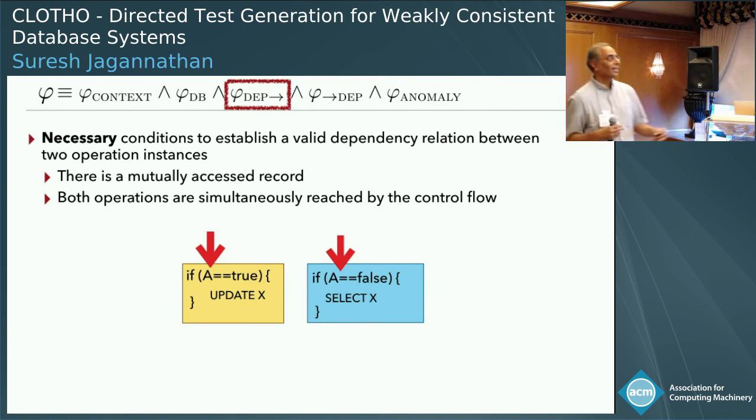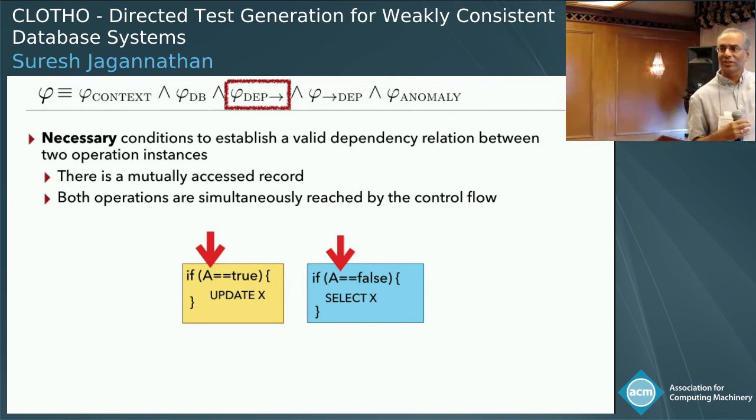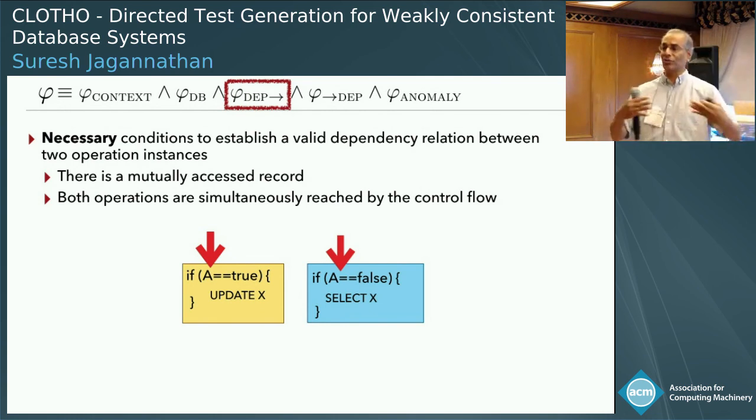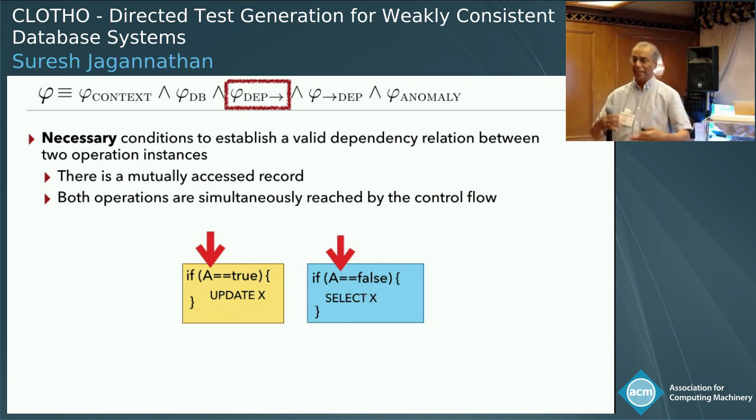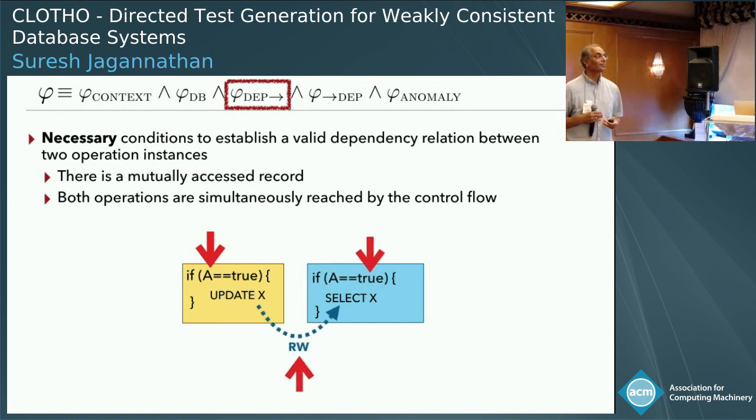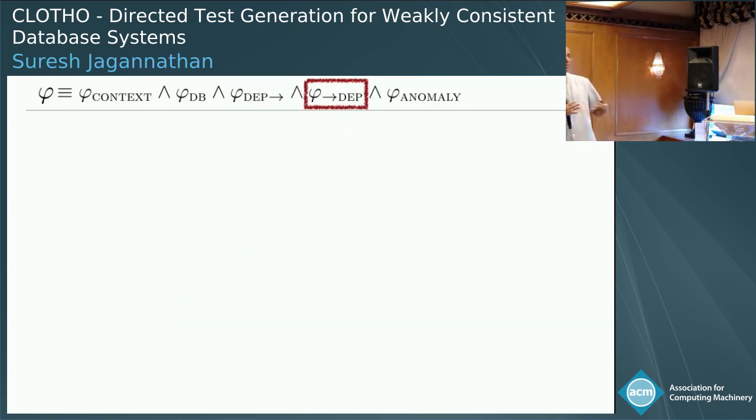For example, it may be that the update is embedded inside of a conditional that demands that A be true, and the select is inside of a conditional that demands that A be false, and these two transactions execute concurrently. In which case, this anti-dependence makes sense, right? It's clear that both of them can't happen at the same time, and the effect of the update cannot be witnessed by the select, right? So we're allowed to do it. But if we can't establish that kind of constraint, then we can't add that edge.